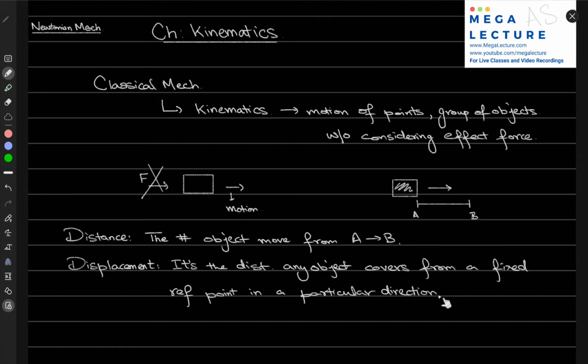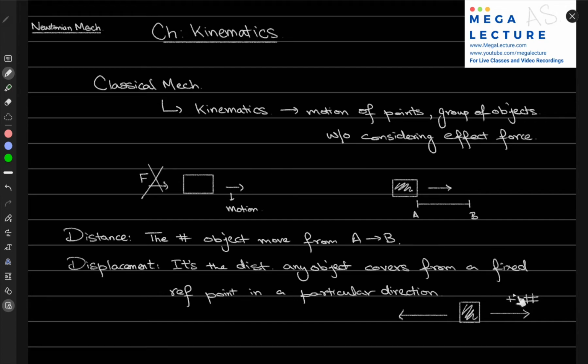So what's happening really is that, consider you have this object again and it moves. Now it can move either in this way, or it can move in this way, or of course it can move in multiple other directions as well, but let's talk about these two. So now if you say that it moves a certain number in this direction, then you can assign a sign to this number.